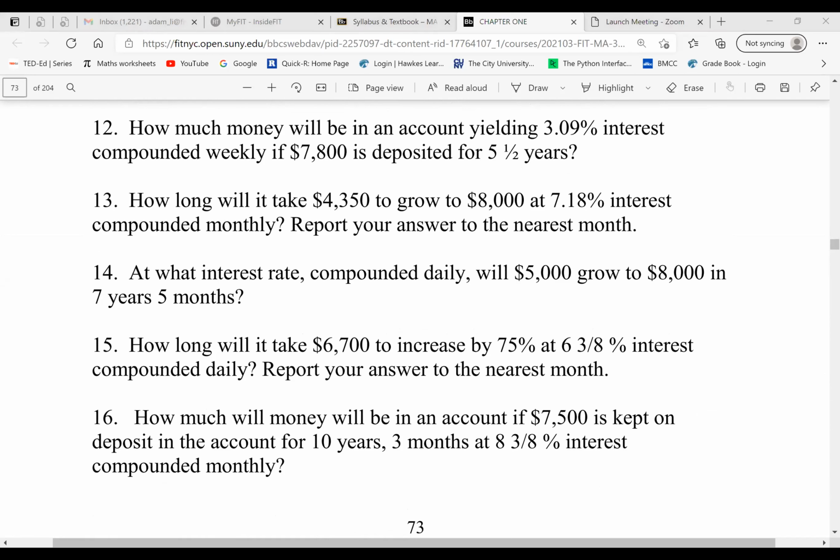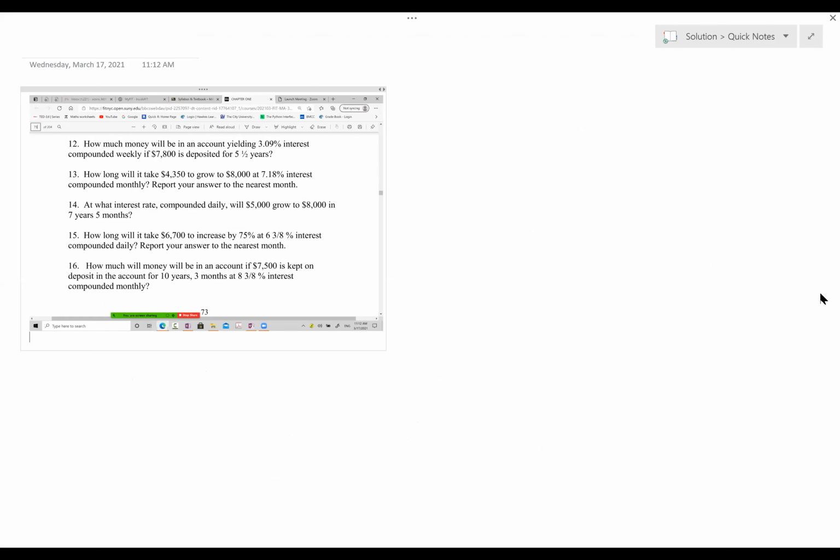All right, so first of all, read the question really quickly, and let me remind you what we're dealing with from last class. We learned the compound interest formula: ending balance equals principal times 1 plus the annual interest rate over the number of compounding periods, raised to nt.